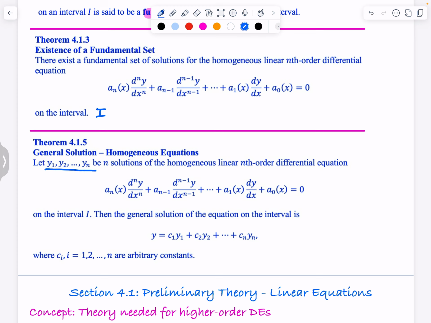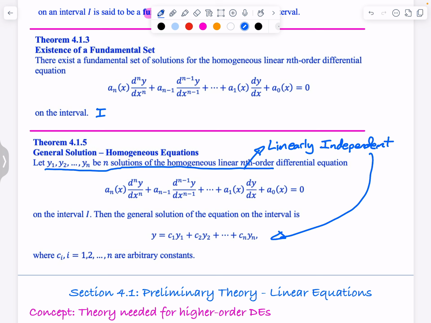So let's say these are all solutions of the homogeneous linear equation, and all those are linearly independent. If that's true, then this is true. Then the general solution is that.